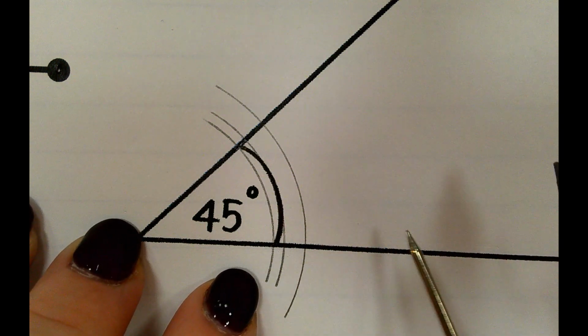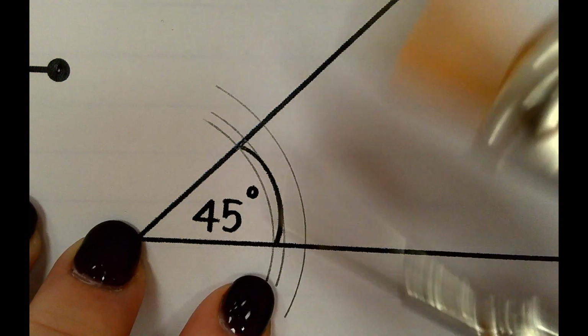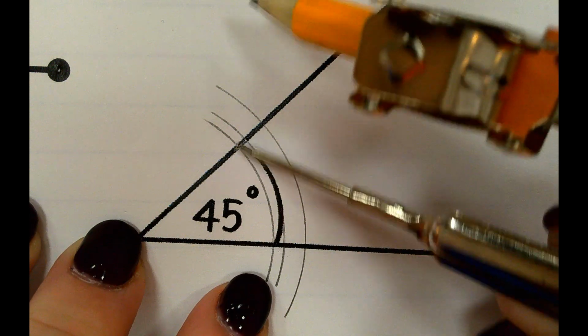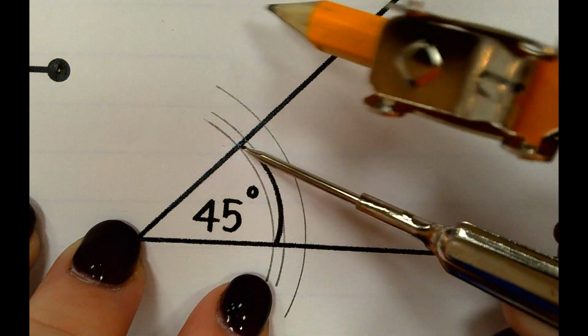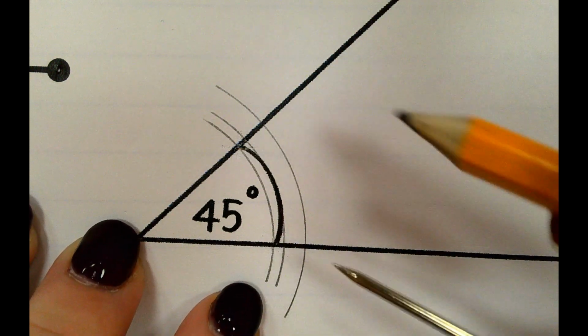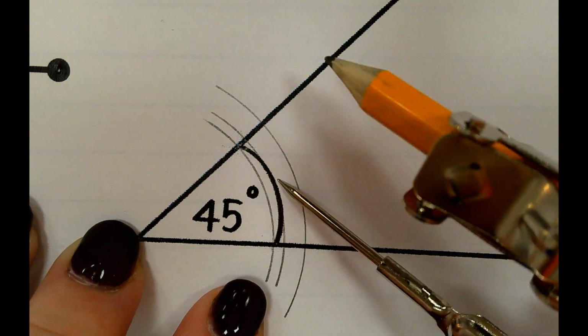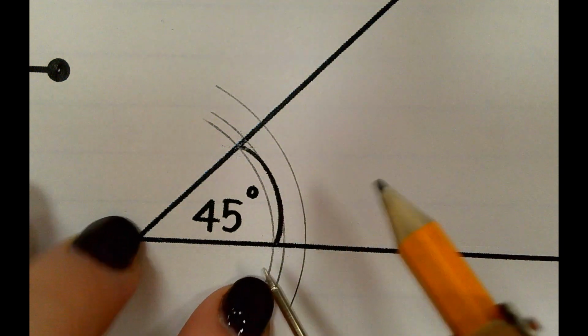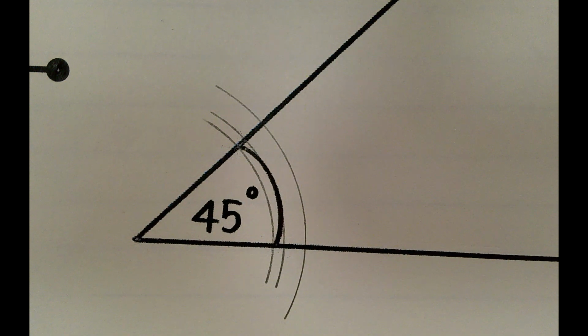So technically, yes, it will work with this one, because we're just looking at where the arc crosses that line there. So it's okay if it doesn't match perfectly in the middle. We're just looking at those intersections, right? So we totally can use that.